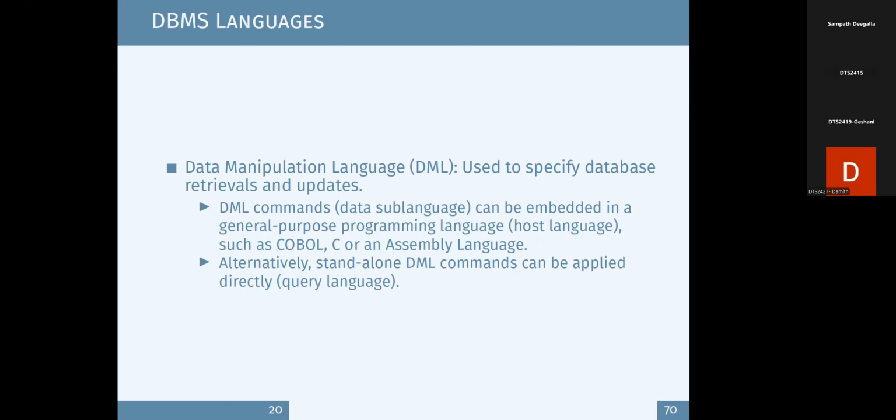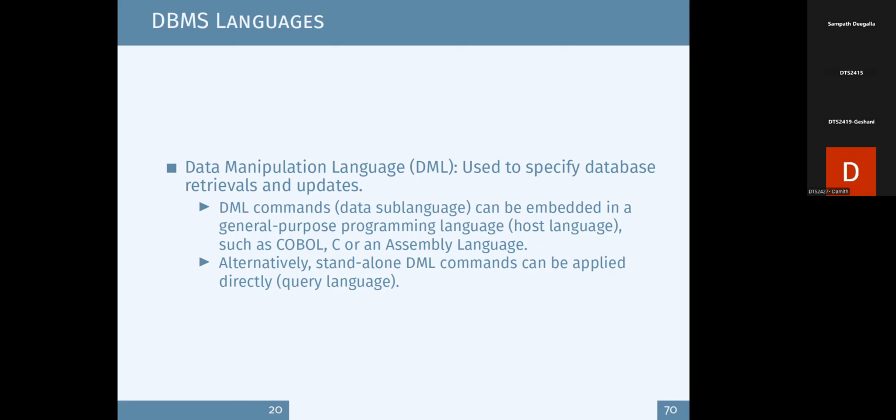Right. The most commonly used one will be the database data manipulation language, by using commands, right? We can use and embed them, and you can use standalone data manipulation commands directly.